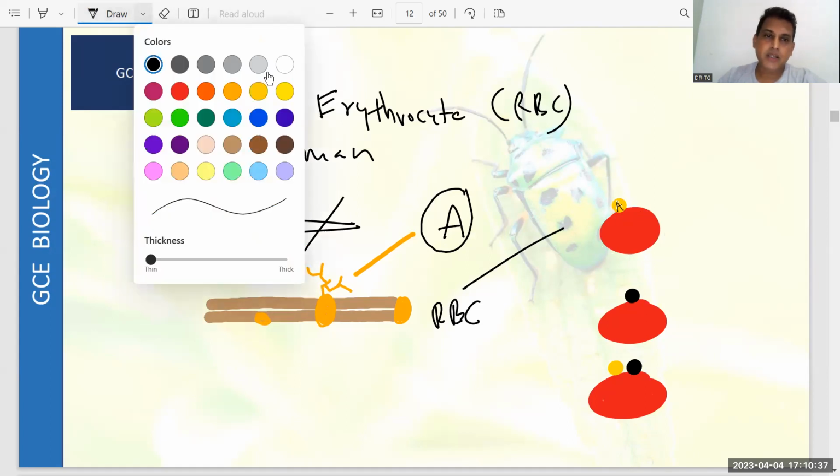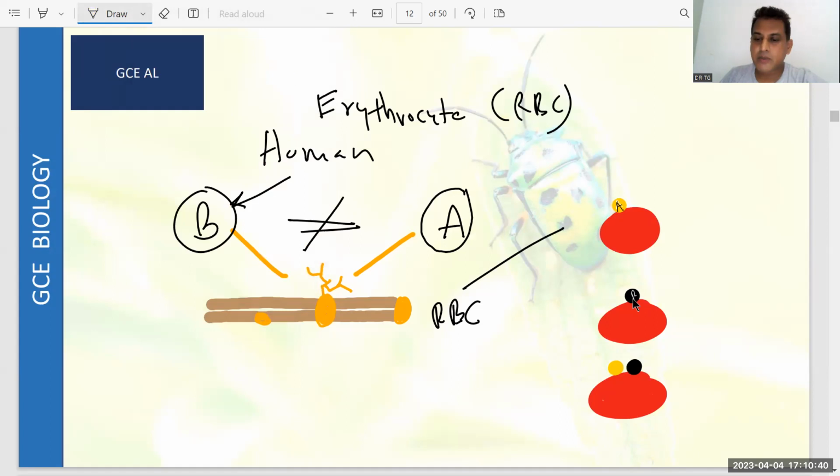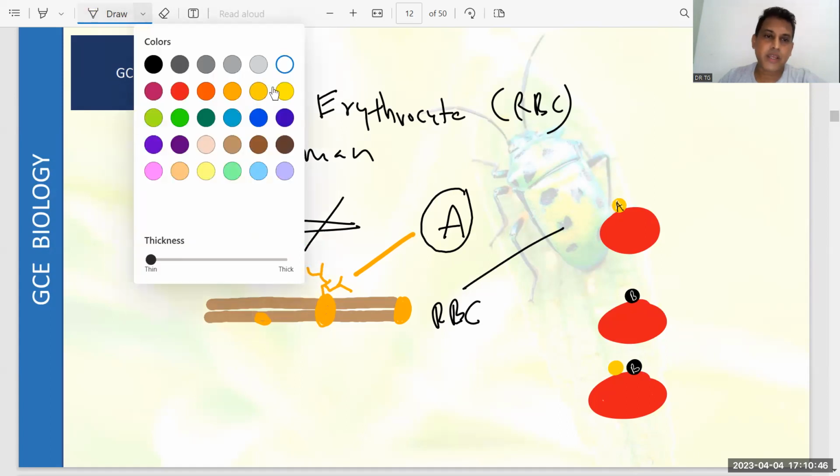Some people have B glycoprotein on the red blood cell membrane. Some people have both A and B glycoproteins.